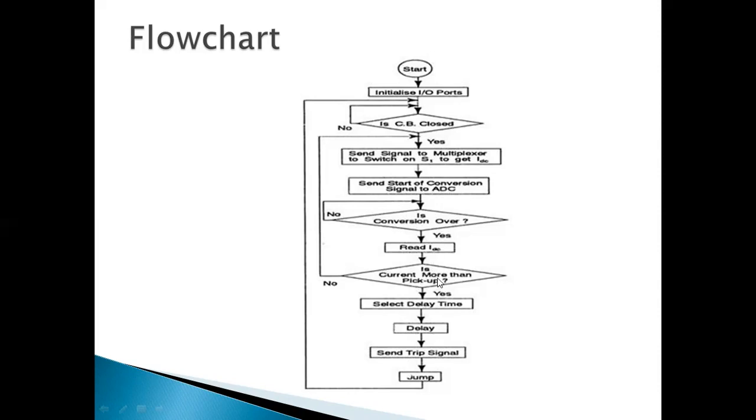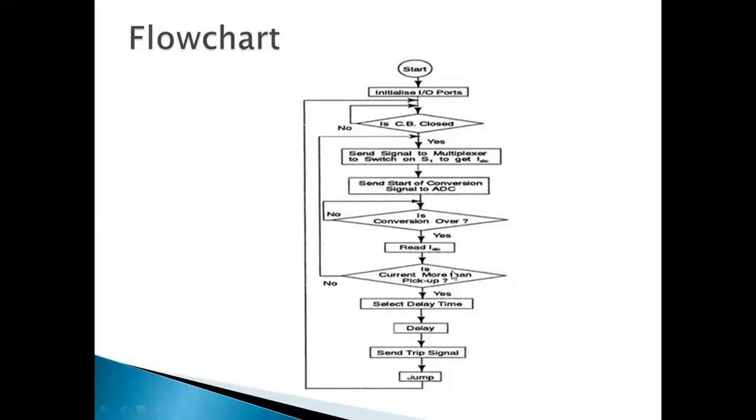Then, is the current more than the pickup value? The processor will check whether that current is more or less than the pickup value. If the current is less than the pickup value, then you go to the previous stage. But if the current is more than the pickup value, it means a fault has occurred there.